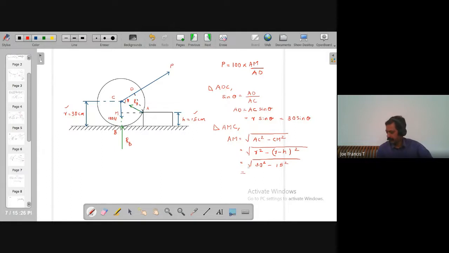Can you just calculate this value? How much is AM? Calculate out. So get a value for AM. Suppose this is equation number 1.